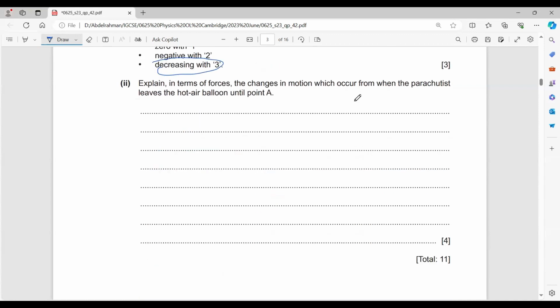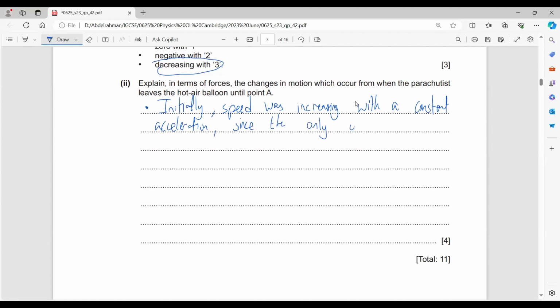Okay, so initially, speed was increasing with a constant acceleration, since the only force acting on him was his weight.